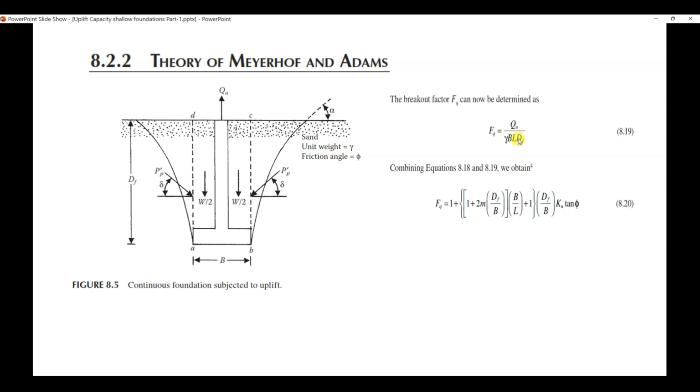So if you look at the formula, you can see that all these data are known to you. Gamma is the unit weight of the soil. B is the foundation width in case of rectangular foundation. L is the length of the foundation or footing. Df is the depth of the foundation from the existing ground level or the finished ground level, whatever.